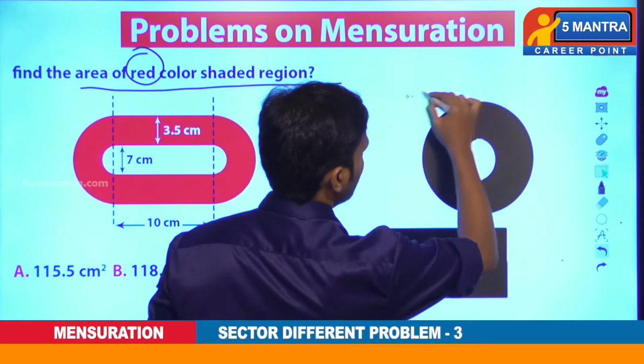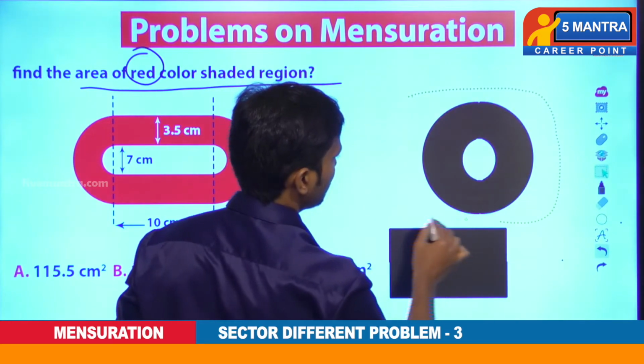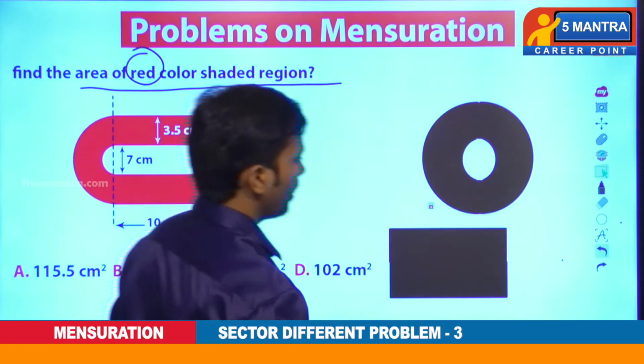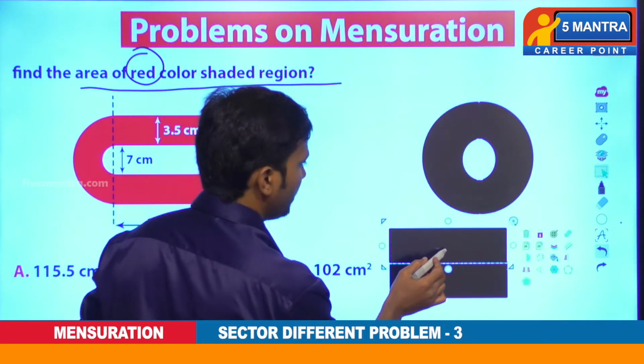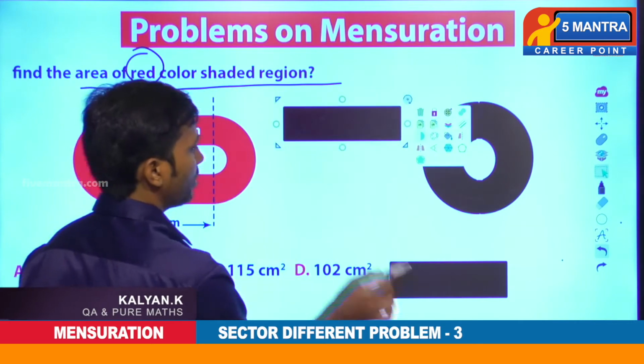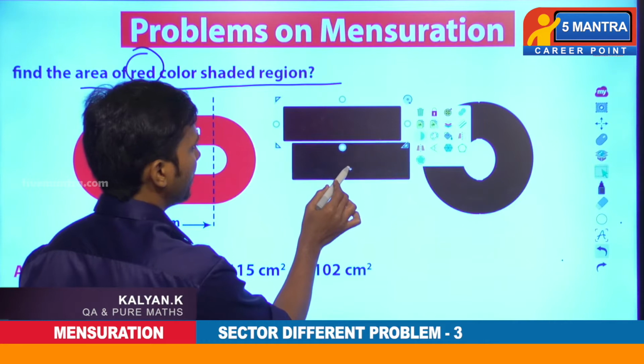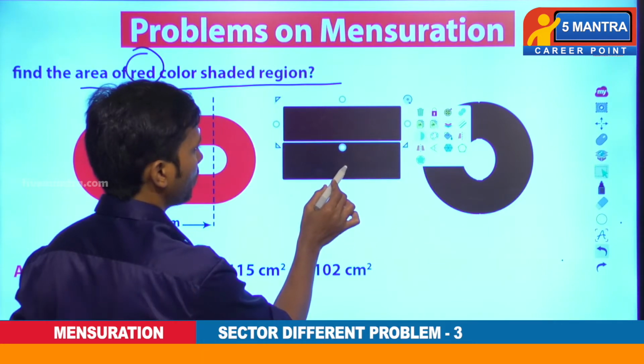So is this correct or not? Guys, you might have observed this or not. Simple. Now let us see here, is this a rectangle or not? And is this a rectangle or not? Now let us write down the measurements according to the given figure also.